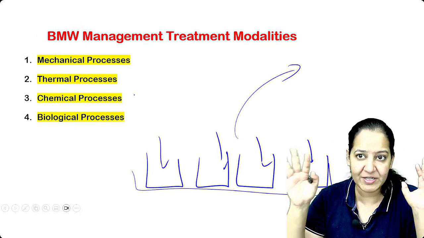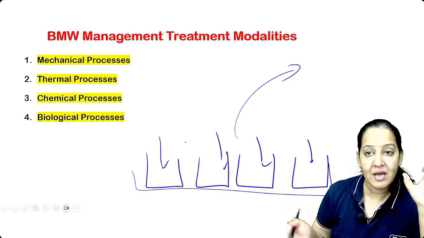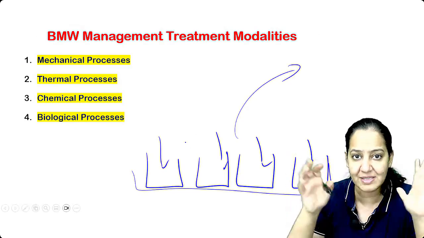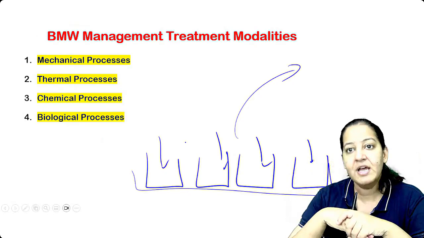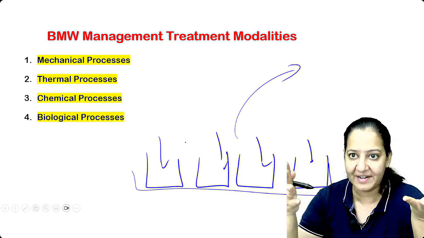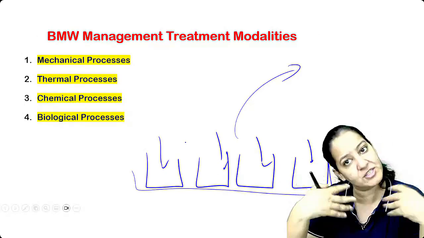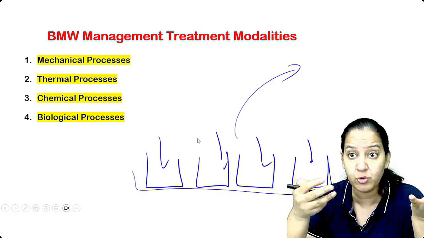Daily a garbage truck will come and collect all the dustbins. First, all the dustbins of the entire hospital are emptied at the central biomedical waste collection area of the hospital. From there, it is transported to the city's biomedical waste management area, and there they do the treatment.